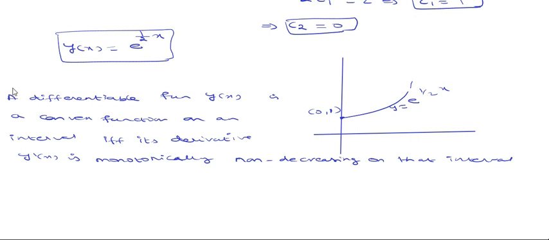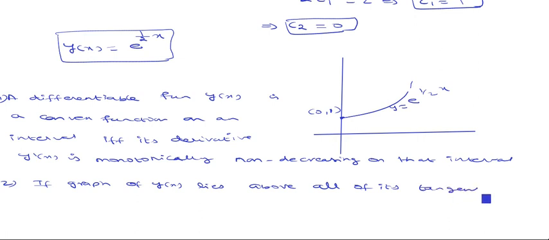So this is one condition. Another remark is, suppose a function is not differentiable, then if the graph of y of x lies above all of its tangents, then y of x is a convex function.